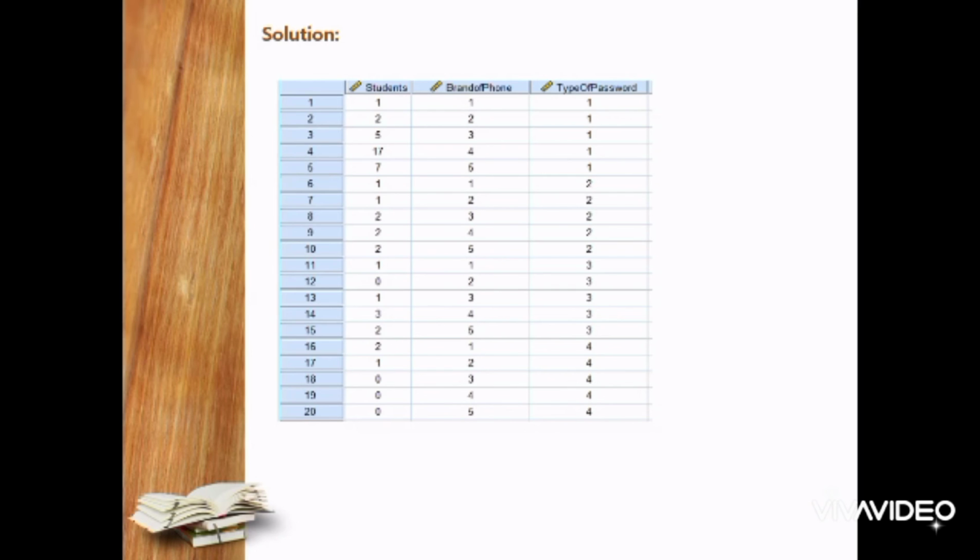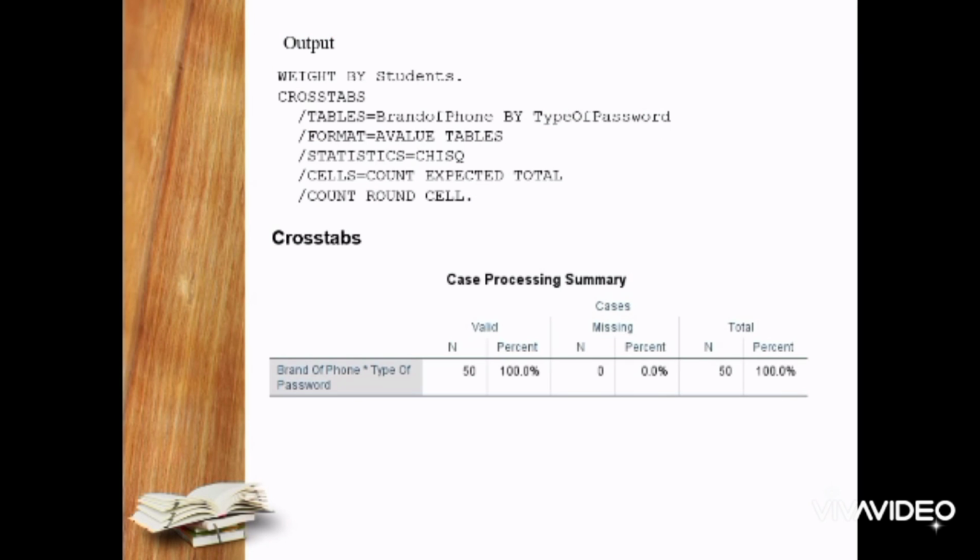Last but not least, we click the cells, then click observed and expected in counts box, then click total in percentage box, and finally we click OK, and then we can get this output.